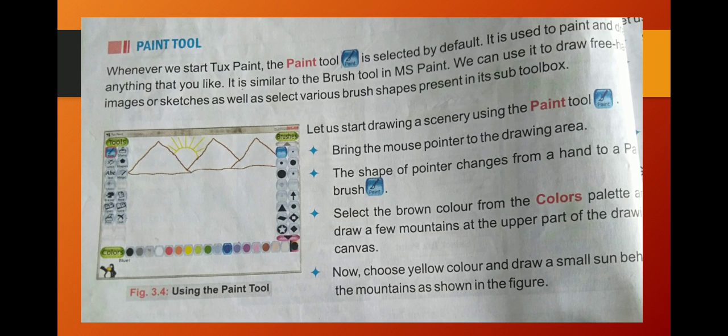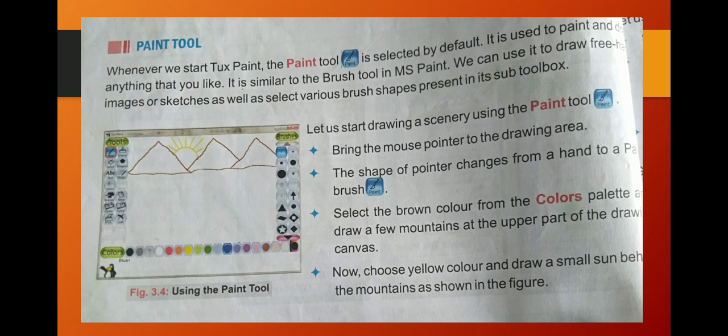Select the brown color from the colors palette and draw a few mountains at the upper part of the drawing canvas. So what you have to do, you have to select brown color from the color palette and draw mountains on the upper part of the drawing canvas that you can see in the given picture.